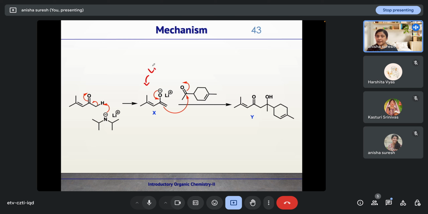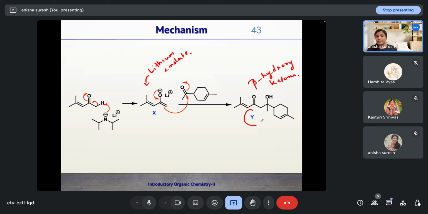So this lithium enolate is our X. Now this O minus will fall here and this carbon-carbon double bond will attack this carbonyl carbon, and this carbon-oxygen double bond will break, leading to formation of O minus. So upon abstraction of proton or hydrolysis, it can lead to formation of this beta hydroxy ketone.